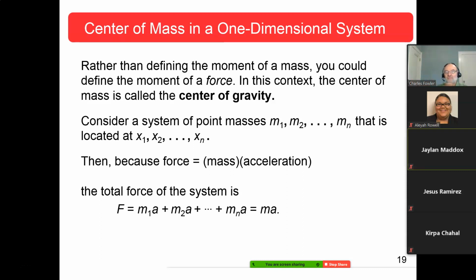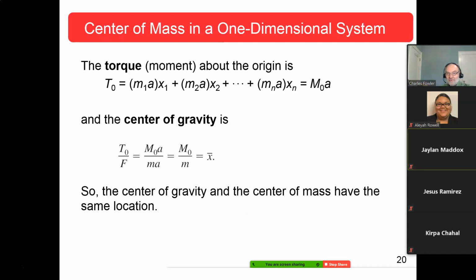Now the whole system's moving together. So that would be m1 times a plus m2 times a plus m3 times a all the way up to mn times a, which if the total mass is m1 plus m2 plus m3 all the way up, then that would be m times a. Okay, basically Newton's second law.